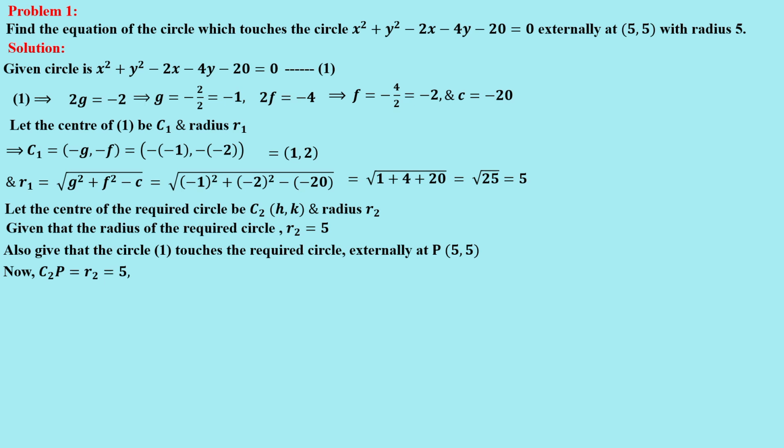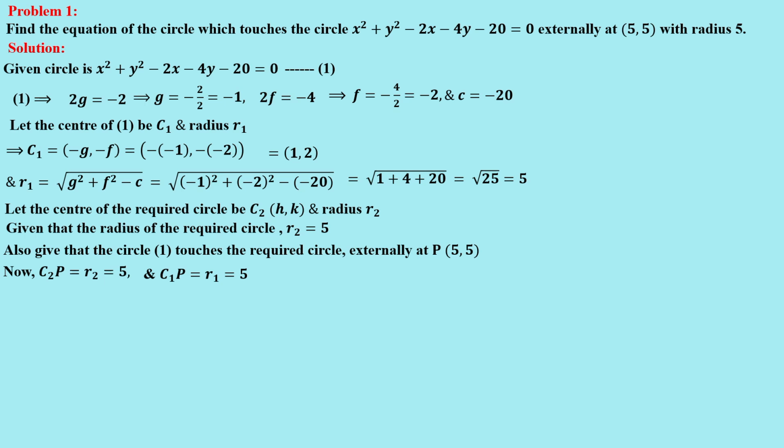So externally means the distance c2P is equal to r2, which is equal to 5, and c1P is equal to r1, that is equal to 5.